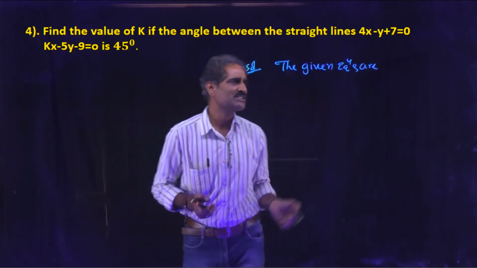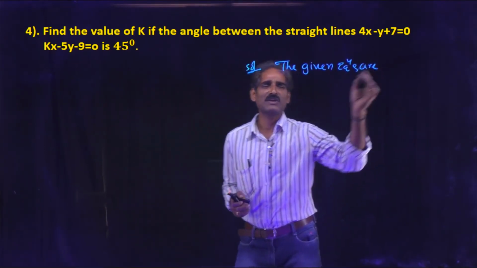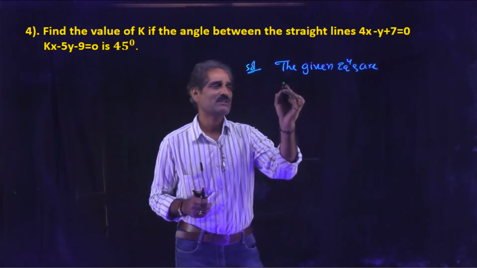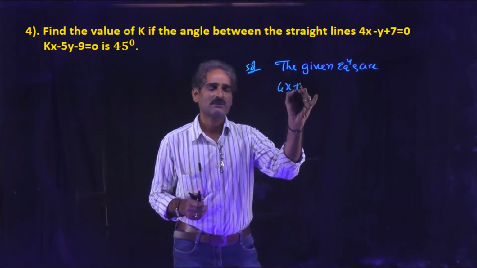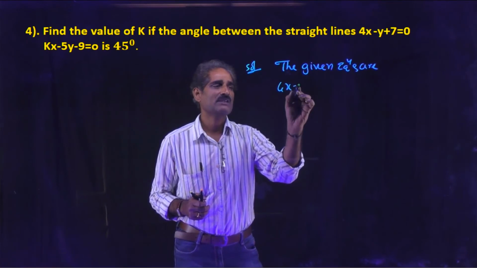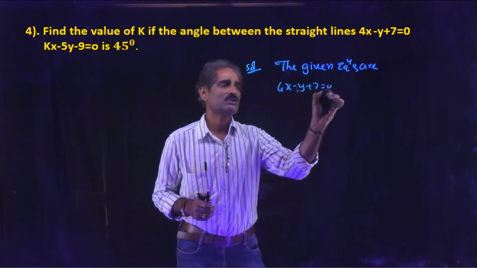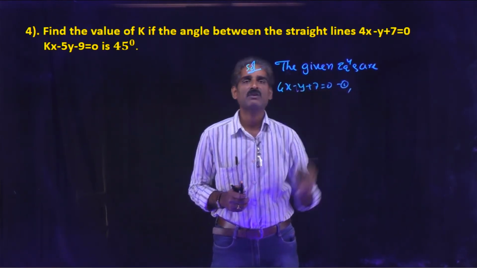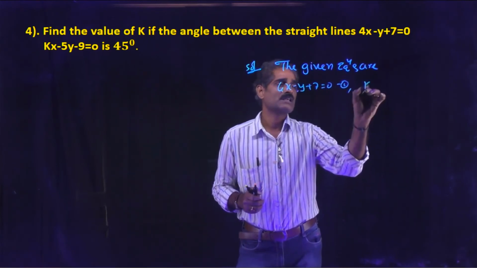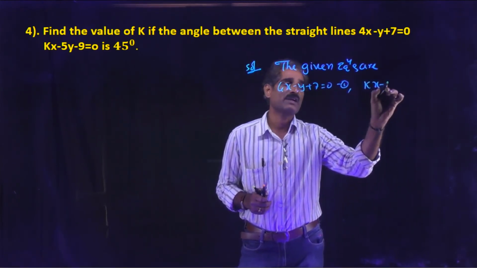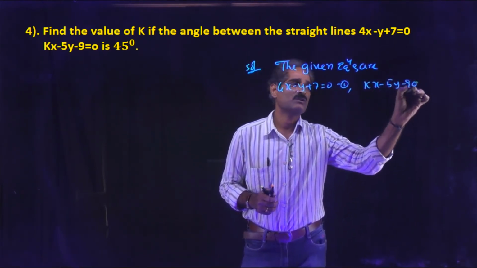it is very easy. The first one is 4x minus y plus 7 equals 0. Let us take this equation 1. And the second one is kx minus 5y minus 9 equals 0.